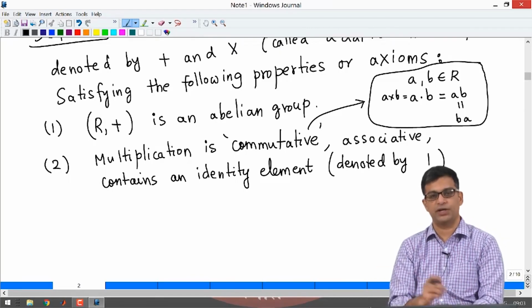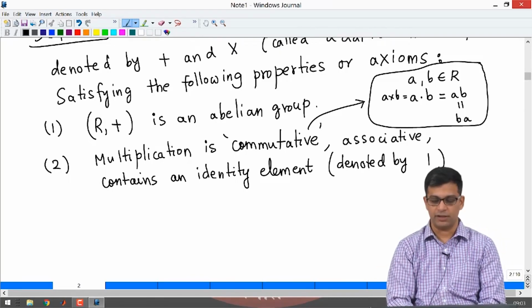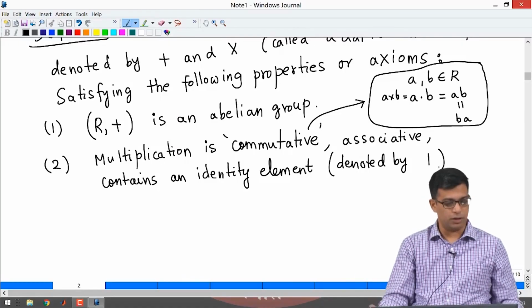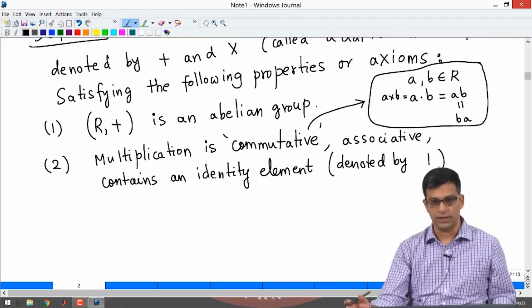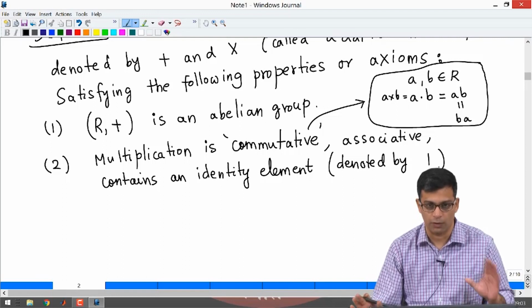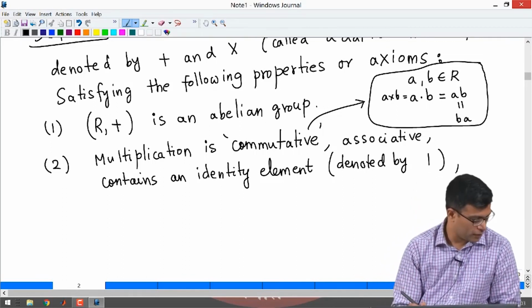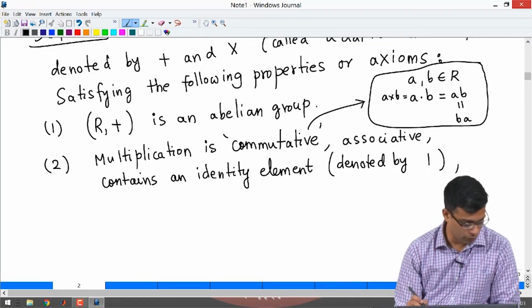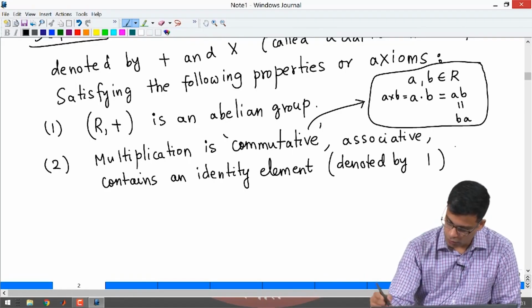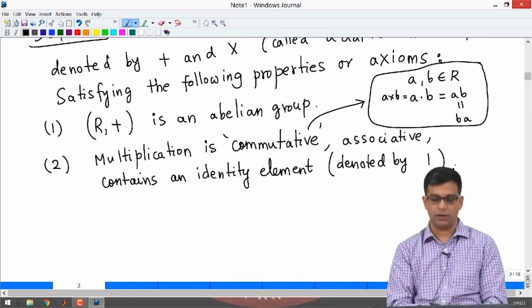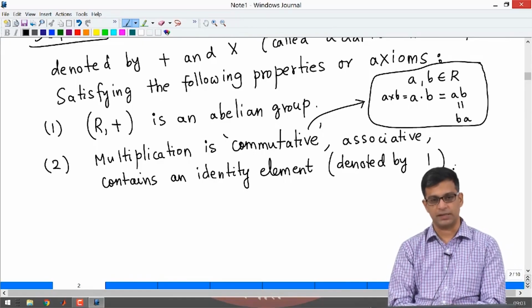Again, it is convention to denote the multiplicative identity just by 1, because in all the examples that we know, the usual number 1 is the identity element. And actually that is all. So, multiplication is commutative, associative, and contains an identity element.